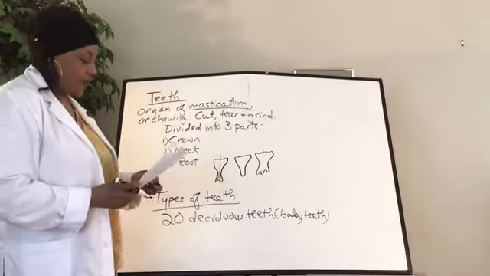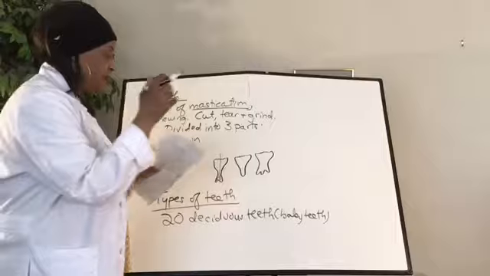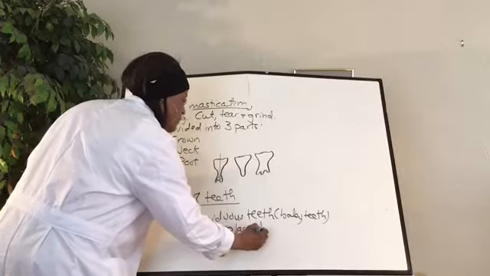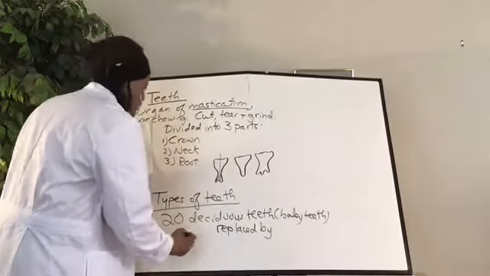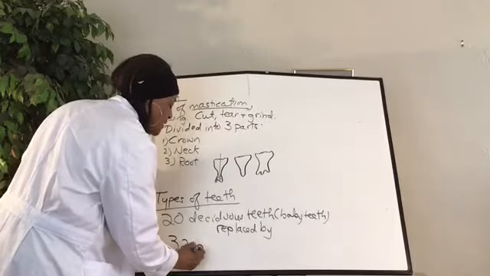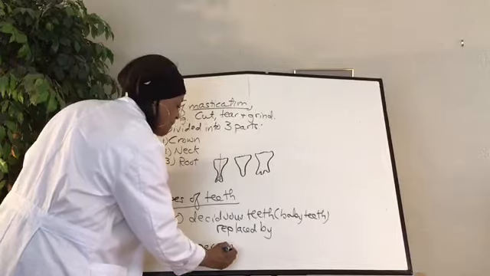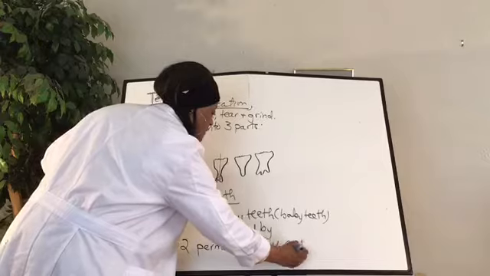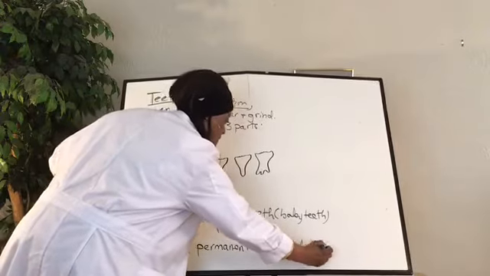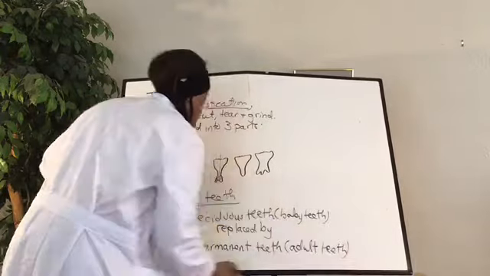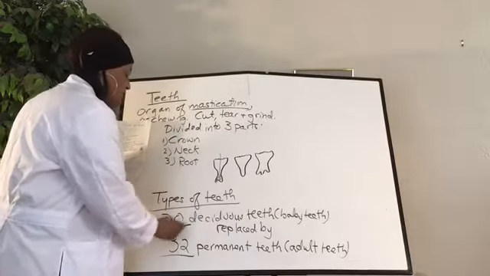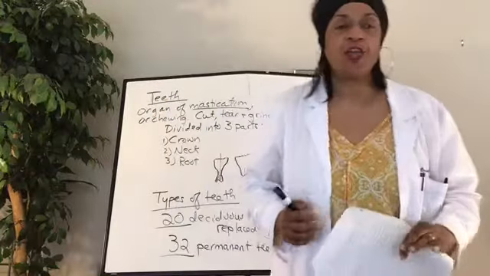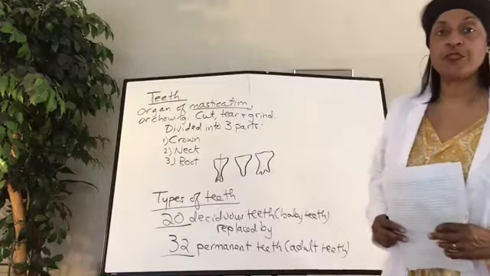And they're going to be replaced by 32 permanent teeth. And these are adult teeth. So you start off with 20 deciduous teeth, baby teeth, and then over time they're going to be replaced by 32 permanent teeth.